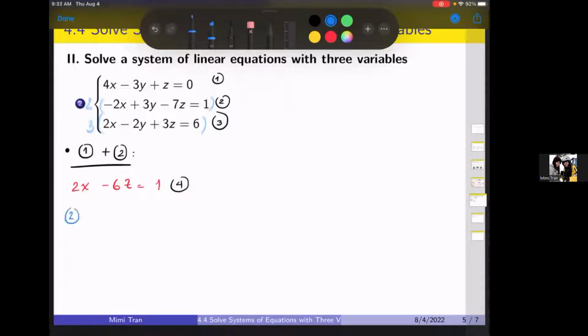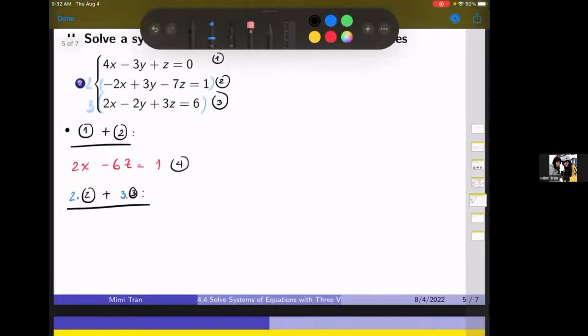So like I said, 2 times equation 2, add to 3 times equation 3. This one I have to rewrite. So I got negative 4x, 2 times 3, 6 plus 6y minus 14z equal 2.